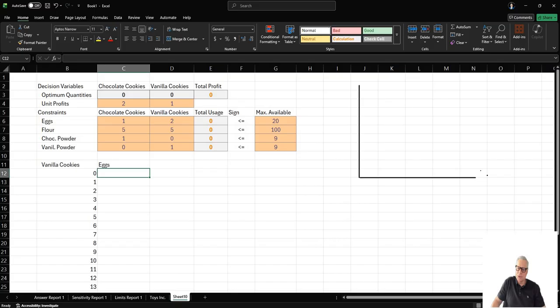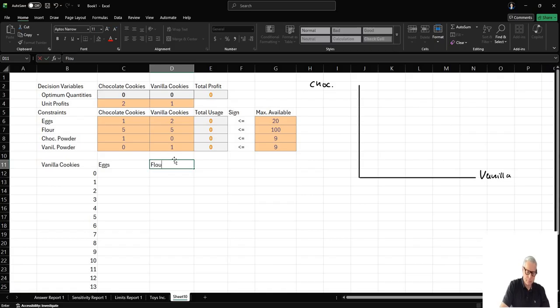So on the x-axis we have the vanilla cookies, and here we have the chocolate cookies, and we want to draw our constraints, and we have eggs, flour, and chocolate powder and vanilla powder. They are a little bit different. I just called it choc powder, vanilla powder.